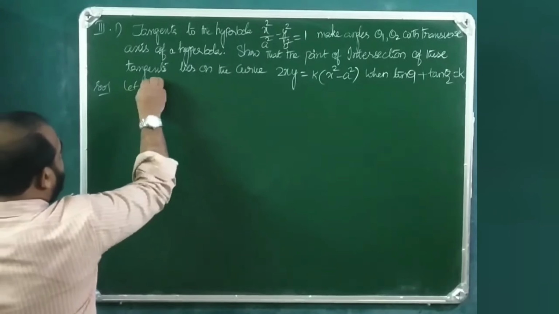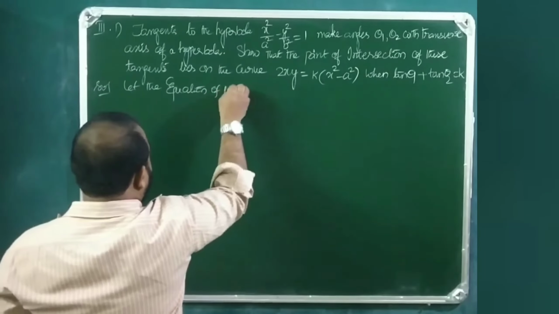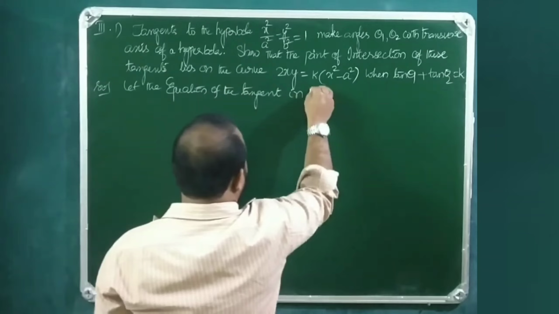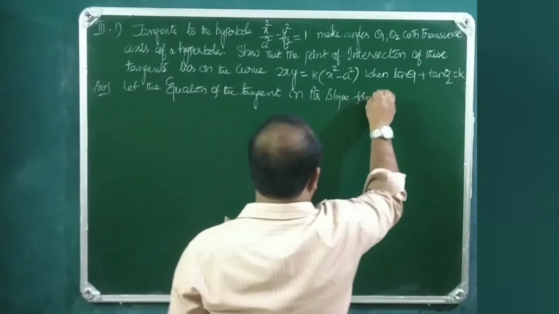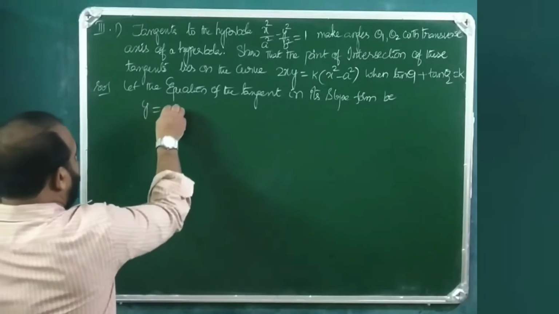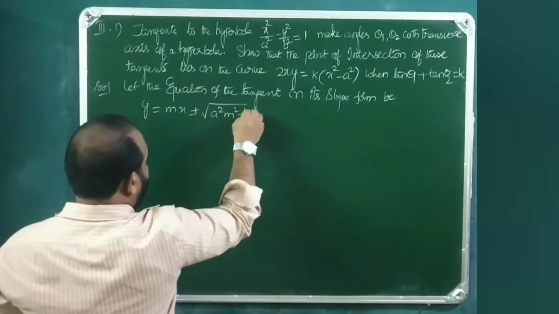Let the equation of the tangent in its slope form be y equals mx plus or minus square root of a square m square minus b square.